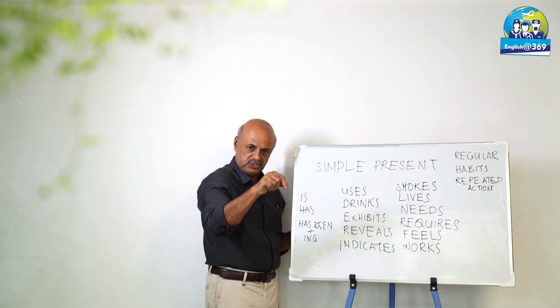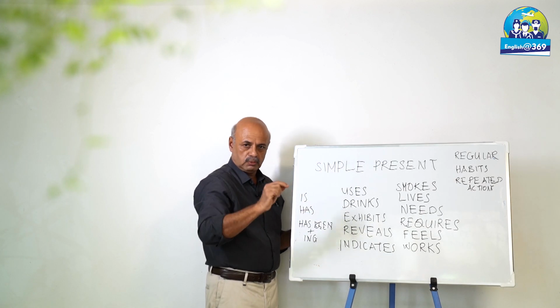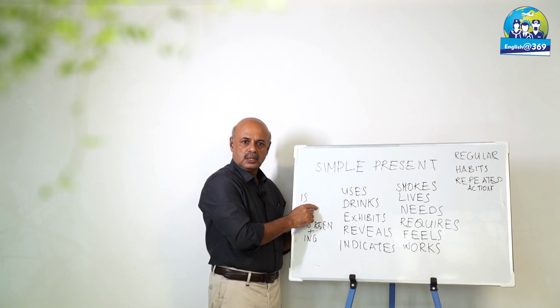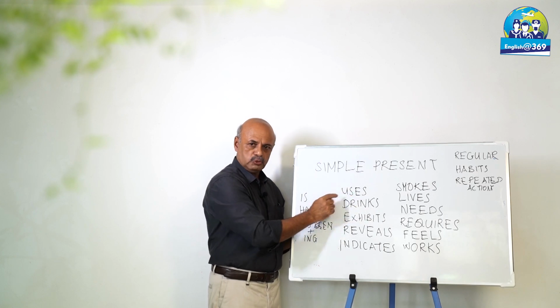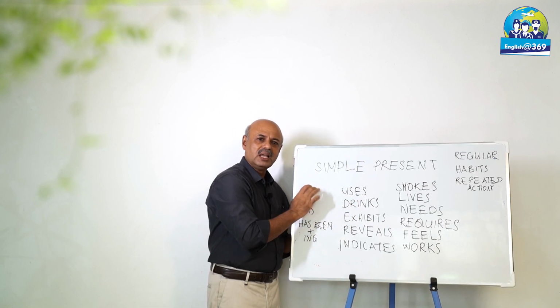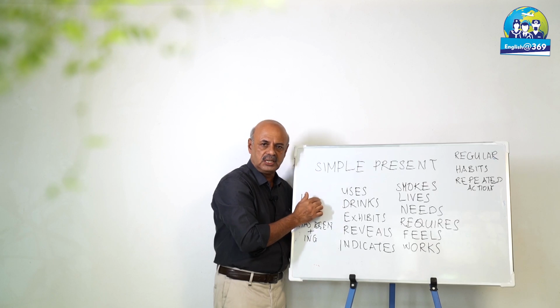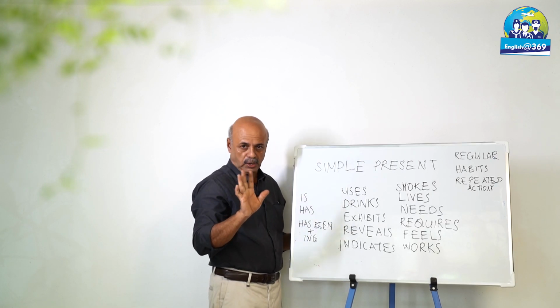So and so lives alone. So and so lives with. So and so uses. So and so drinks. And therefore, in the third person, he or she, singular, not plural.